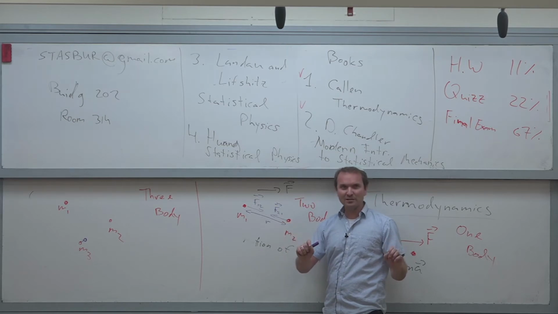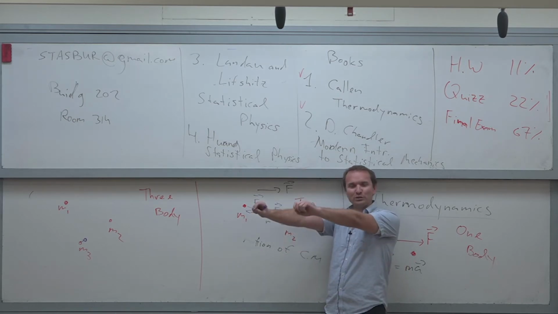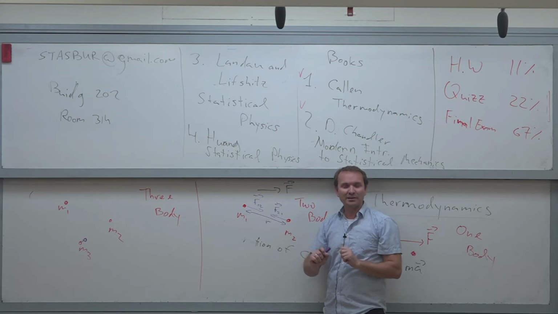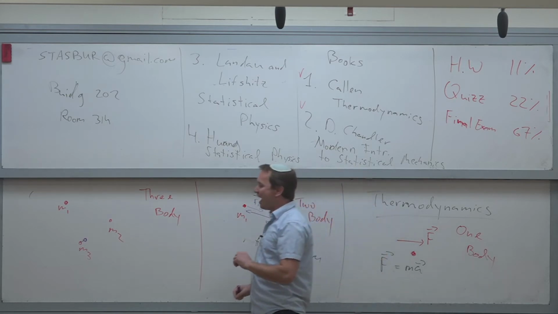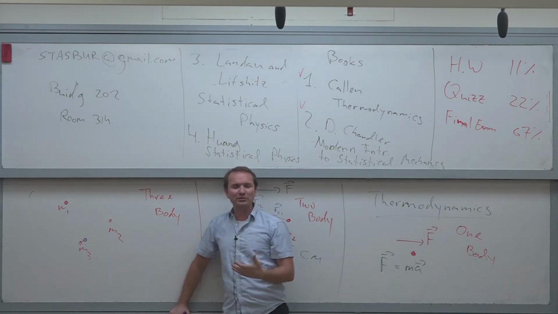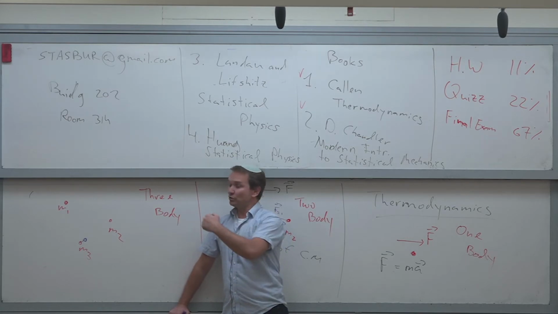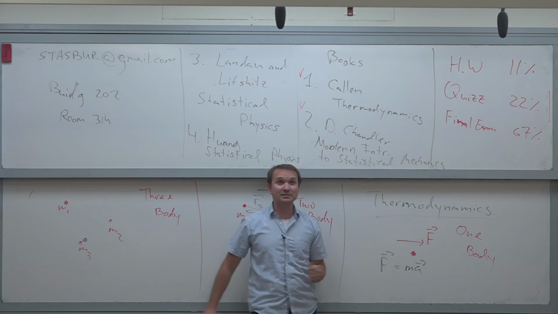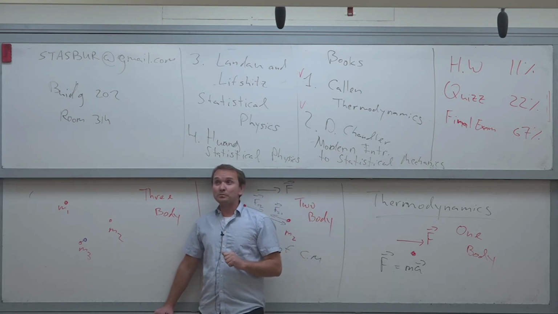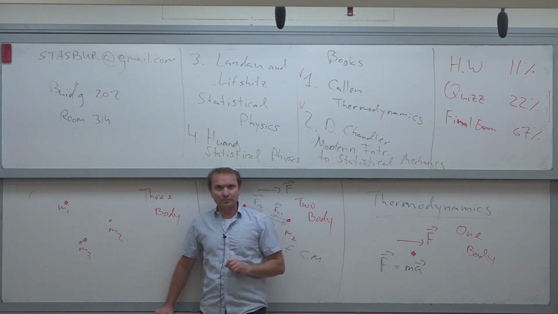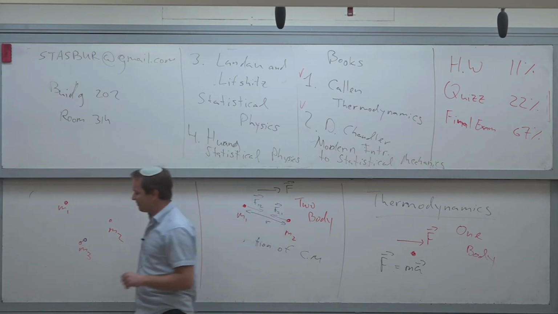The problem is how you can arrive at these very simple coordinates. There is no way to know how to describe a system with a lot of interactions. The way to do it, and this is what thermodynamics and statistical physics do, is a way of averaging, right? What do I mean by averaging?